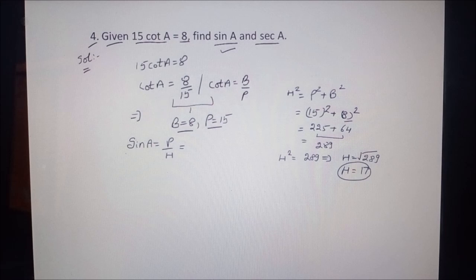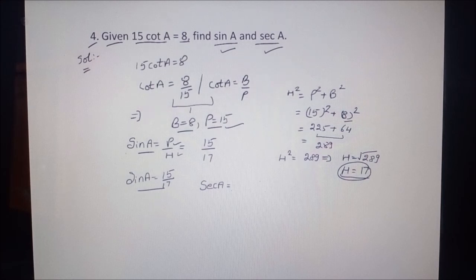Now sin A. Sin A is perpendicular upon hypotenuse. Value of perpendicular we are given 15 and hypotenuse we have calculated 17. So sin A is equal to 15 by 17. Now we have to calculate the secant A. We know secant is opposite of cos.